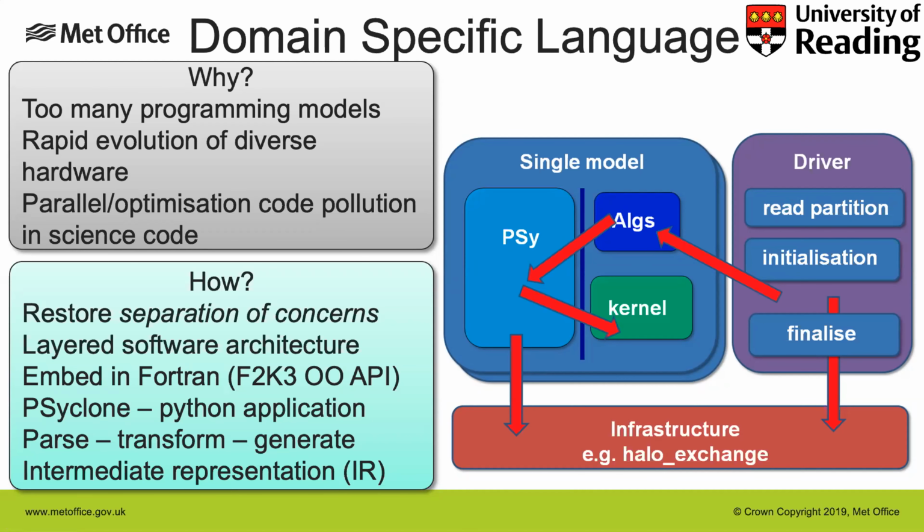We encode these rules between the layers by using the Fortran 2003 object-oriented API, and so the whole thing is embedded in Fortran. So it's a domain-specific embedded language in Fortran. And if we do that, we can then use our Cyclone code, which is a Python application, to parse, transform, and generate the parallel code that we need, using its own intermediate representation of what we're doing.